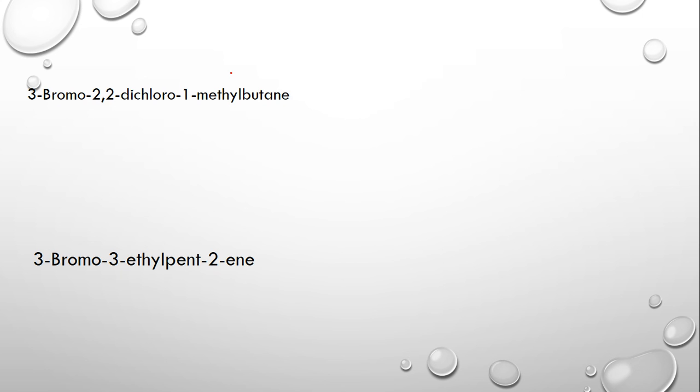Come to the next. 3-bromo-2,2-dichloro-1-methyl butane. Parent is butane. Butane contains 4 carbon atoms. Write down the numbers. 1, 2, 3, 4. Now start with the first one, 3-bromo. So Br on the third.